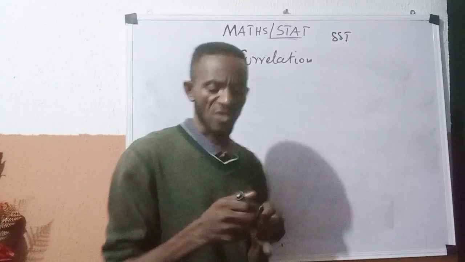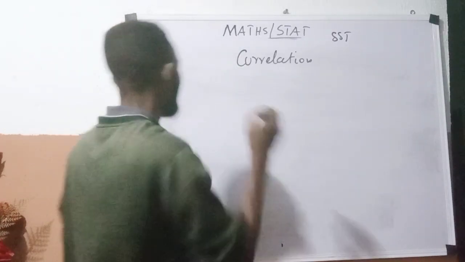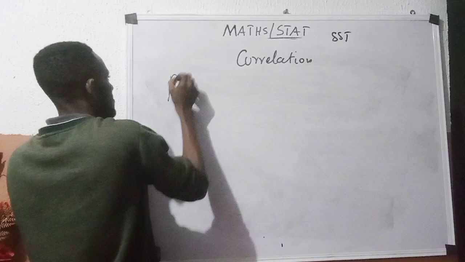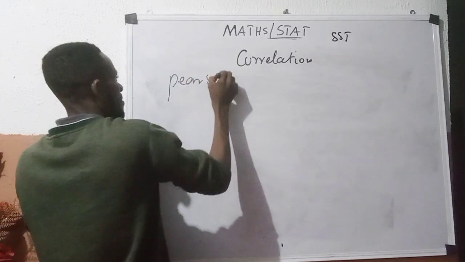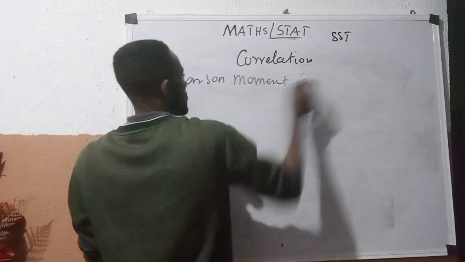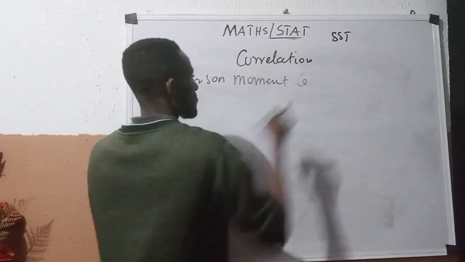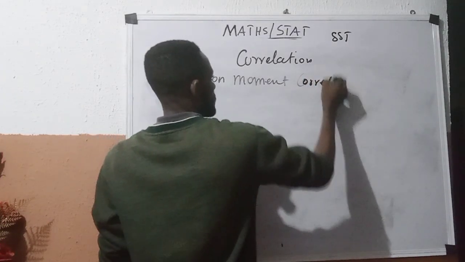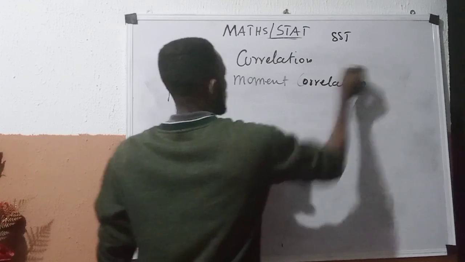The Pearson correlation coefficient is given as this. That is the Pearson moment correlation coefficient.